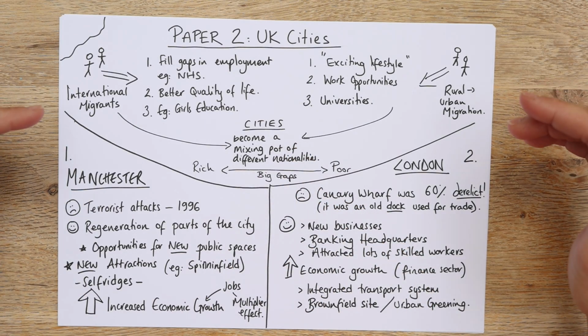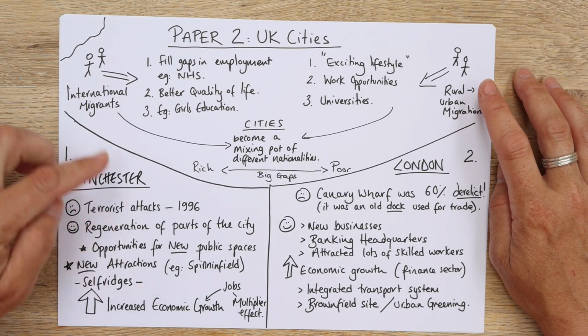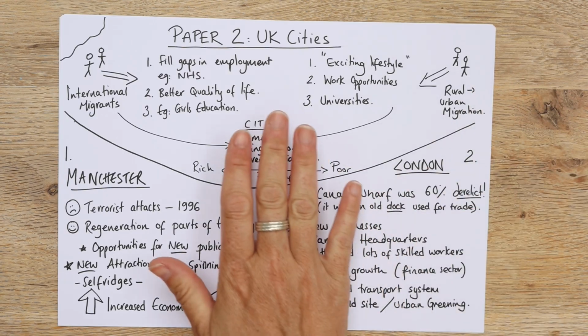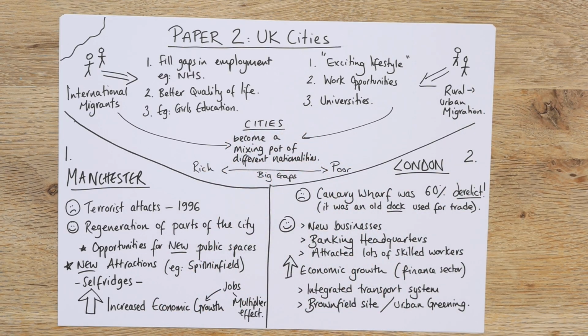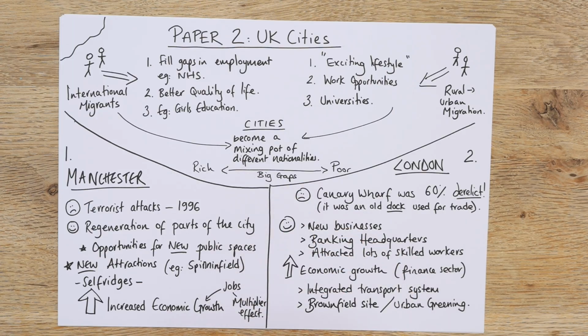This is true with international migration and rural to urban migration, and how they become a bit of a mixing pot of different nationalities. So remember also that social inequality. In every city, you have your rich and your poor, and governments around the world and councils in this country are all working to close that gap. So yeah, hope that's helpful.